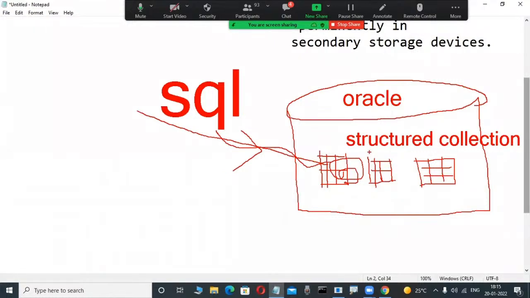But MongoDB and those types of databases are different. SQL is not there, there is no SQL; it uses JavaScript and those types of languages. Those knowledges are required, but SQL is one separate language through which we operate on data in these types of databases.